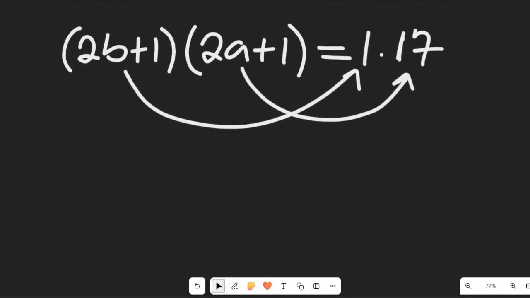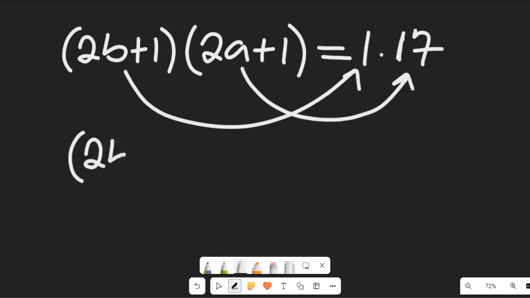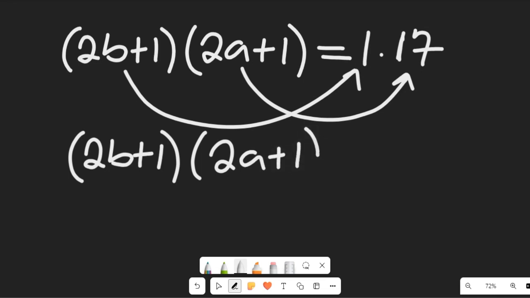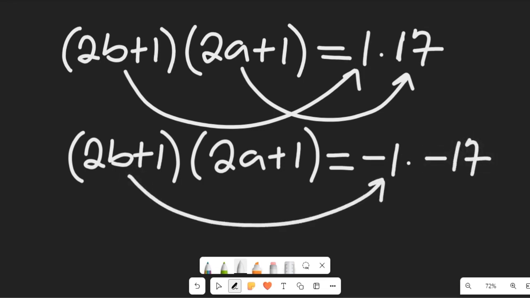In the first case, we can have this multiplying 1 and 2a plus 1 multiplying 17. Or we can have 2b plus 1 multiplying 2a plus 1 equal to negative 1 multiplying negative 17. Now in this case, this will multiply this while this will multiply this.